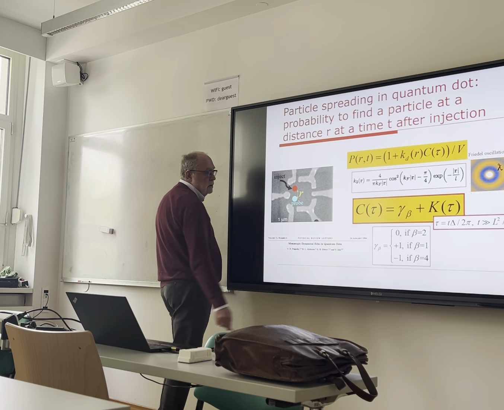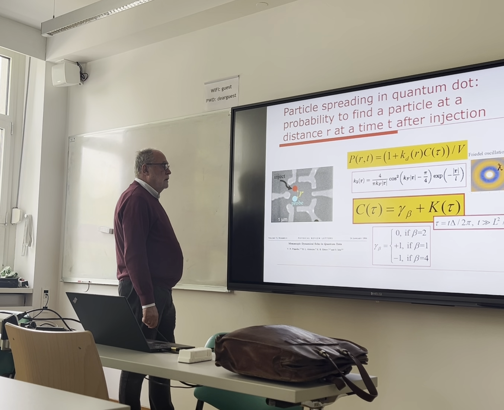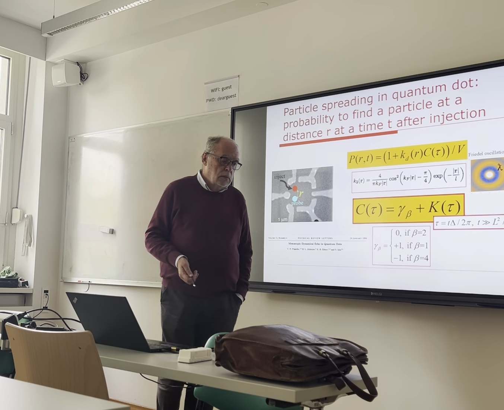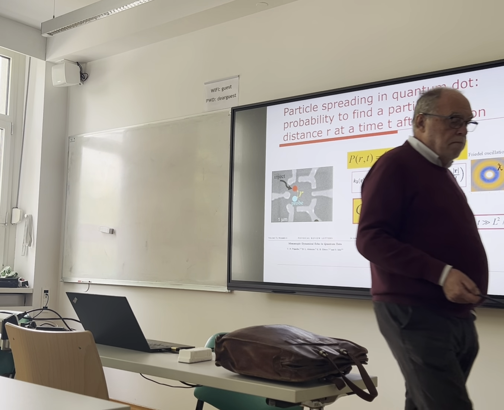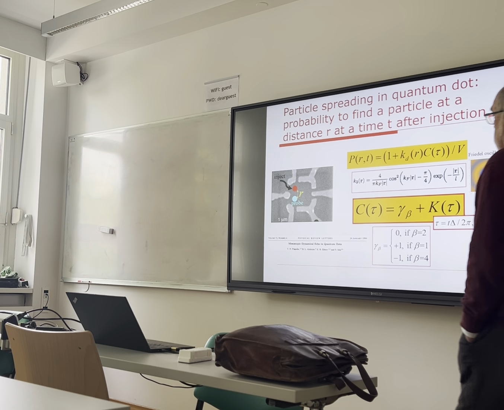So this is the old paper. As I said, it is from the end of the 90s of last century, and at that time there was a boom in micro systems such as quantum dots.